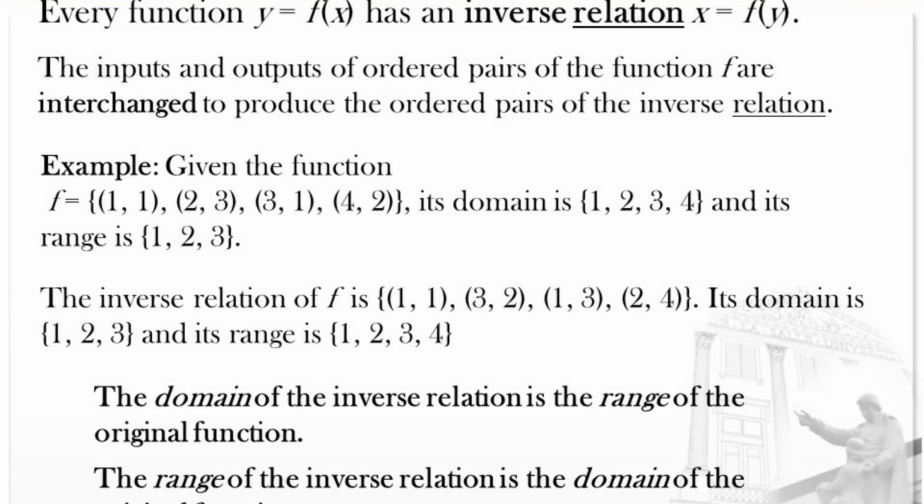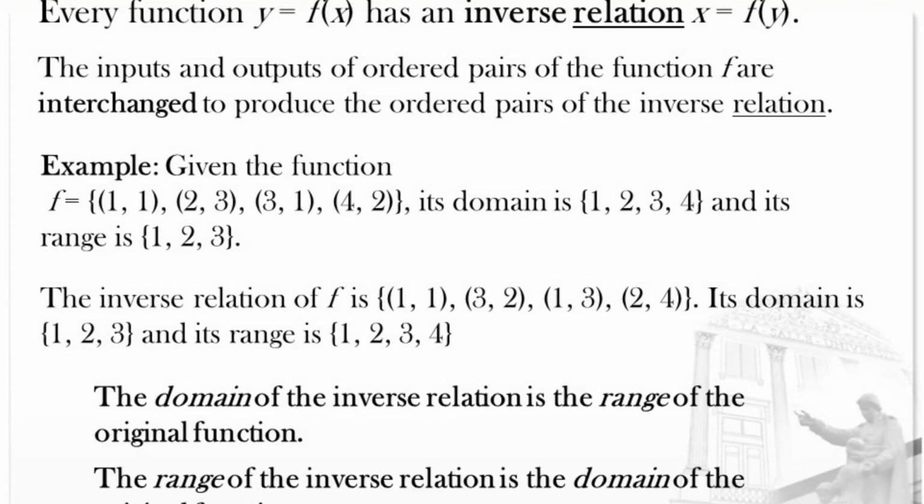The inverse relation has domain 1, 2, 3 and range 1, 2, 3, 4. So the domain of the inverse relation is the range of the original function, and the range of the inverse relation is the domain of the original function.